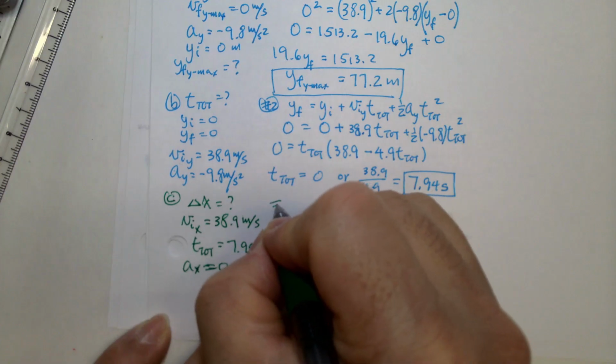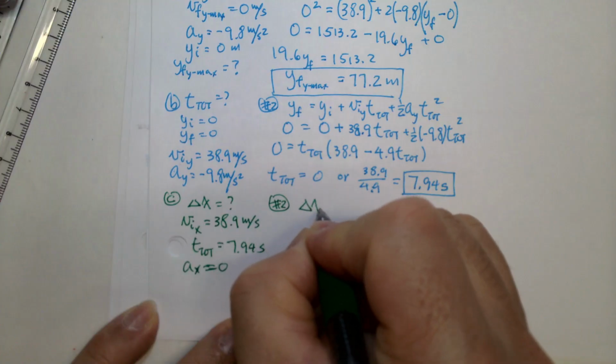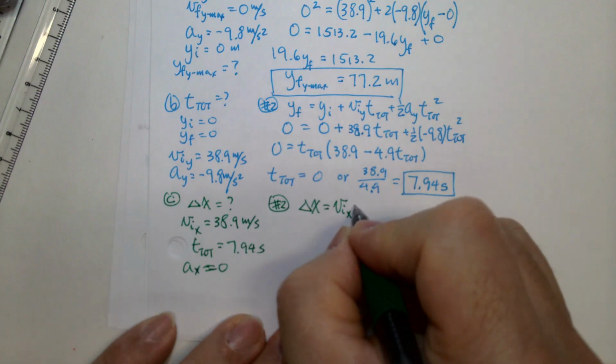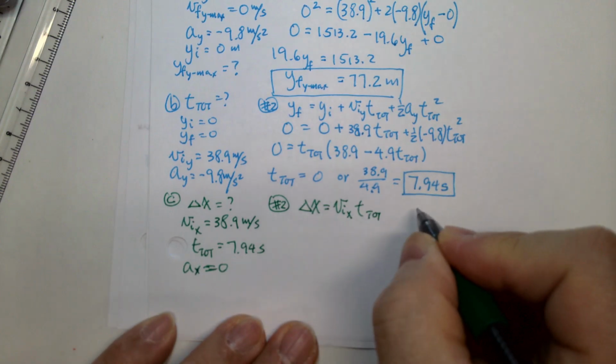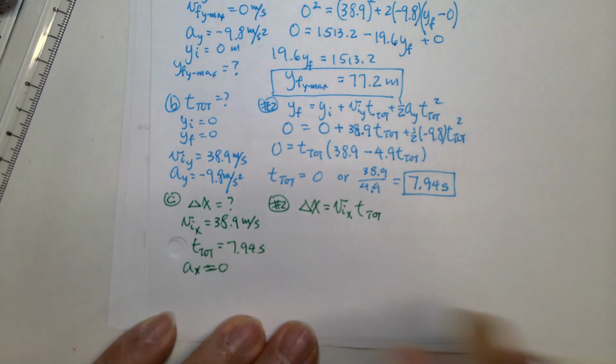Therefore, if we use equation number 2 again for the horizontal, my delta x is equal to VIX times t total plus 1/2 a sub x t squared, but a is 0, so the whole term drops out.